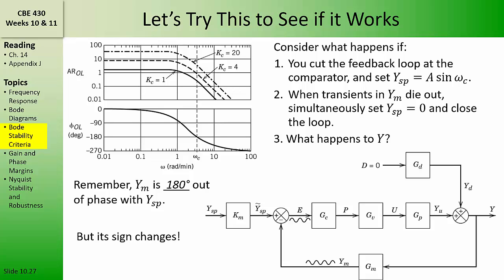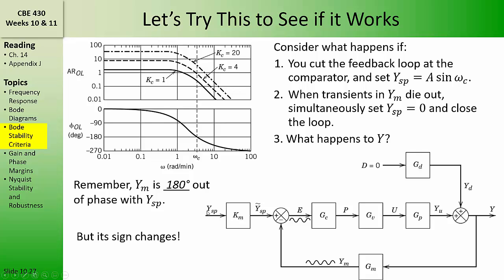If our controller gain were set equal to 4, so that our critical frequency corresponds to the gain crossover frequency, or the frequency at which the amplitude ratio is equal to 1, then this signal ym will have an amplitude that matches the amplitude of our input set point oscillation, and it also is exactly in phase with that input set point oscillation after being multiplied by the minus sign at the comparator.